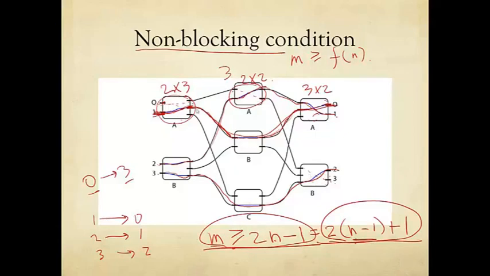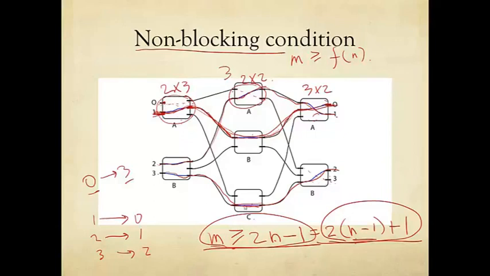Indeed, in this case, this one has gone through this middle stage switch, and this one has gone through this middle stage switch. So both switch B and C in the middle stage are occupied. And you could have an input pattern where, in order to reach from this to that point, you cannot reuse any of these existing middle stage switches.